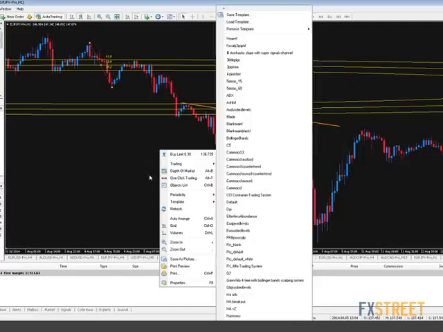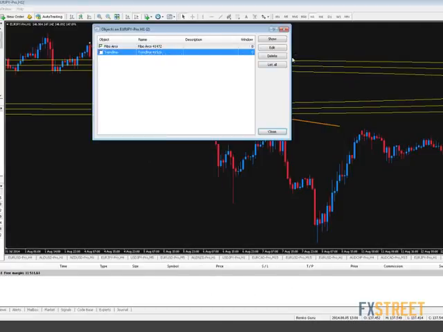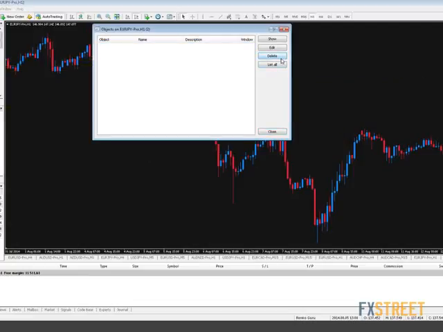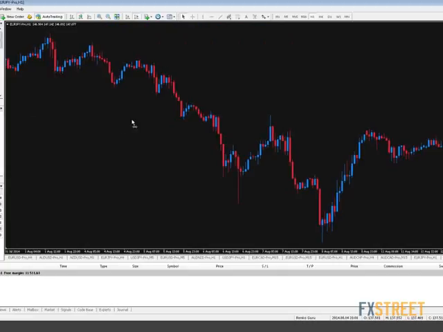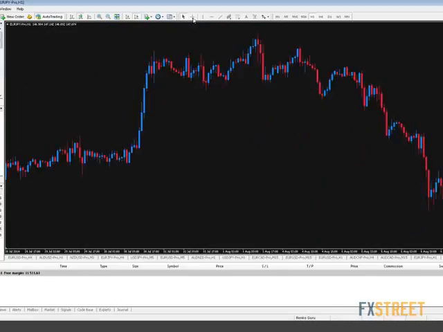And then we can use the Fibonacci time zone. How do we plot it? Simple, guys. Fibonacci time zone. Let's say we have a nice example, a double top. We will use this double top here. Insert Fibonacci time zone.